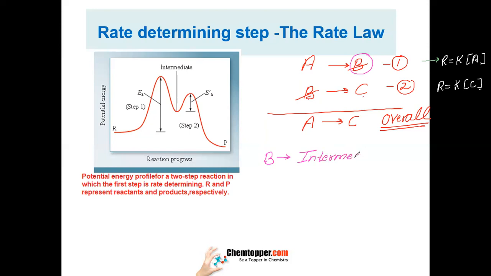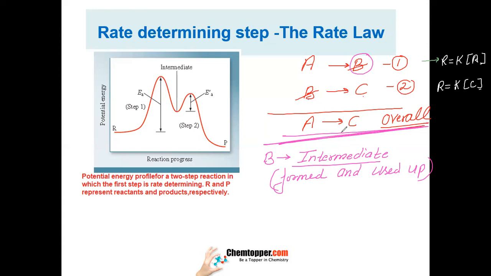An intermediate is formed in one of the elementary steps and then used up in the next step. An intermediate is never part of the overall reaction. See here, the intermediate is not here.